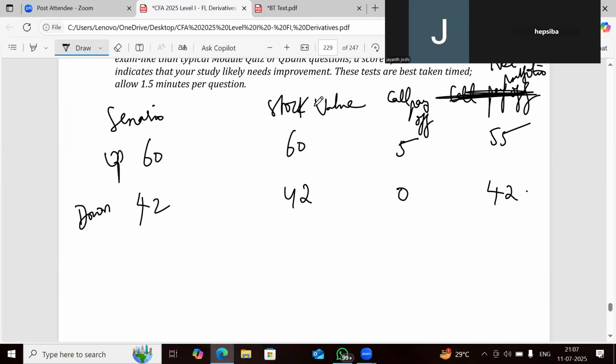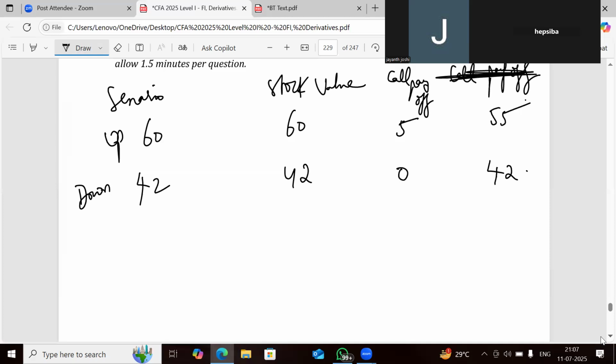So you have taken a portfolio of a stock and an option, and you saw the payoffs, and you see the net portfolio values. They are not equal here. That means the risk is still existing. Hence, we need to make a hedge portfolio to remove that risk of arbitrage.